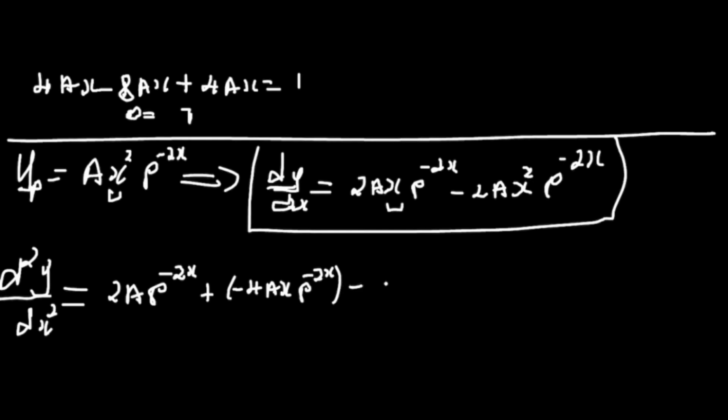So minus, now we're here, so we're going to be differentiating x squared. When we differentiate x squared, we're going to have 2x, so it will be minus 4ax e to the minus 2x. And now we're going to keep this and we'll be differentiating this, so plus 4ax squared e to the minus 2x.